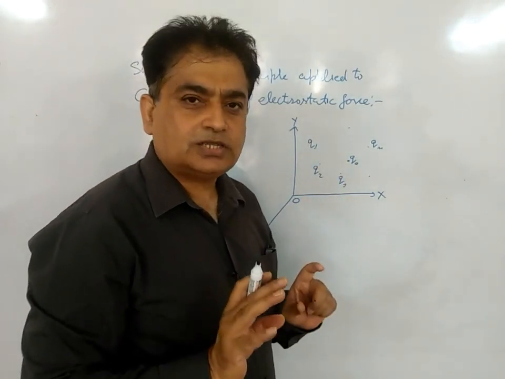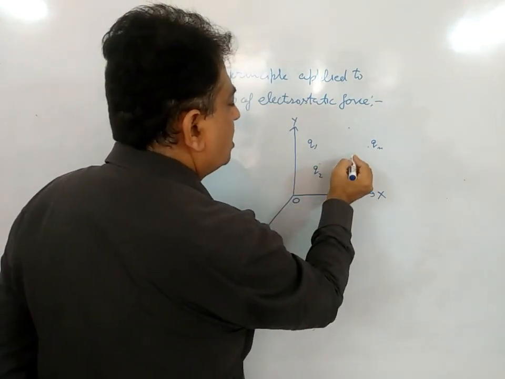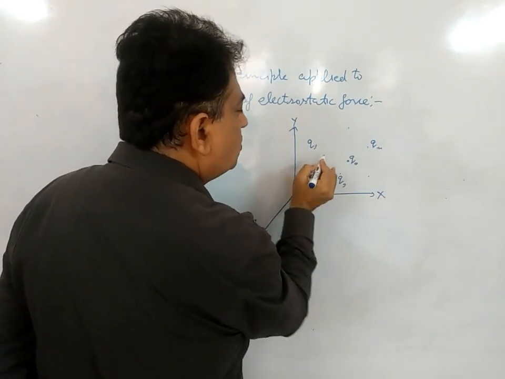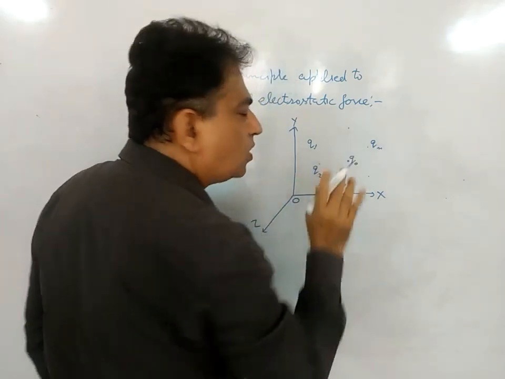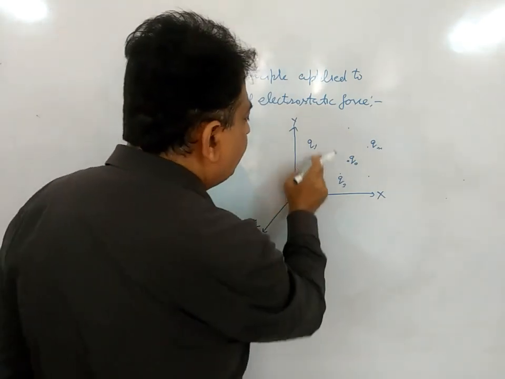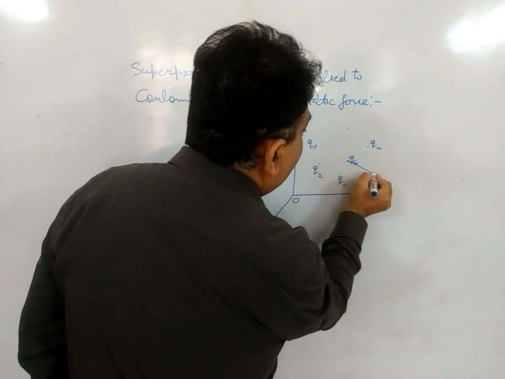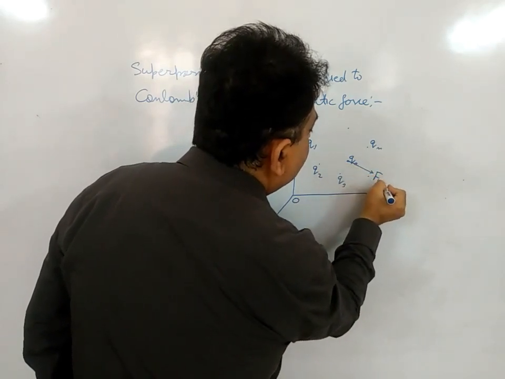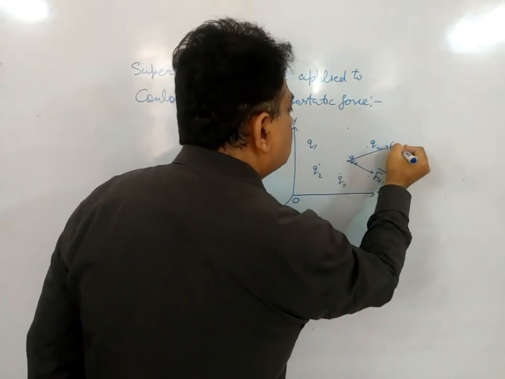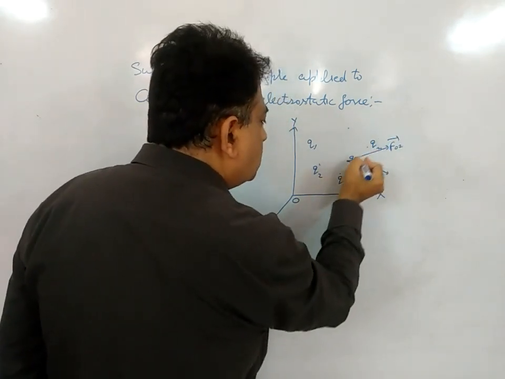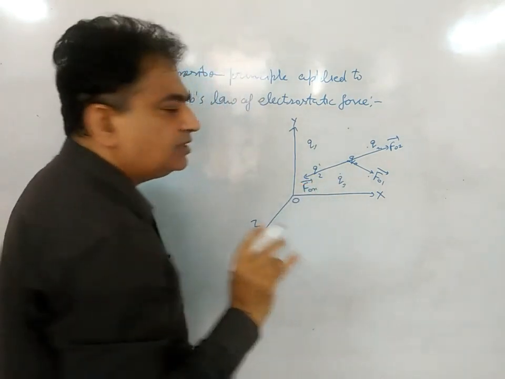Now try to understand it that here Q0, now due to this charge Q1, suppose all the charges are of the same sign, then there will be repulsion due to all the charges on this charge, then F01 will be in this direction and F02 will be in this direction, and due to Qn, F0n will be in this direction.